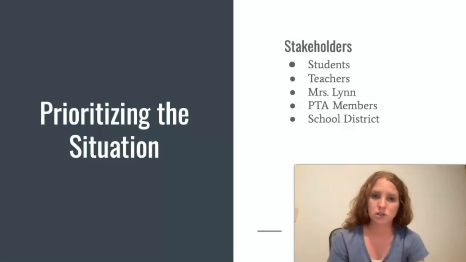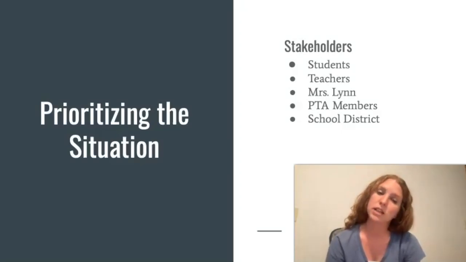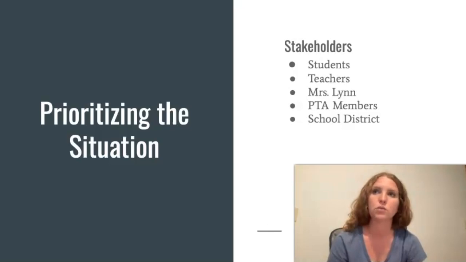When prioritizing the situation, when thinking about stakeholders, again, students should always be, everything is student-centered. It is important. We also want our teachers to feel supported and that they have the resources they need. And I definitely think that's a hard thing when you're talking about a rural school that has funding deficits. You need to think about Mrs. Lynn, because as much as this would be frustrating as an administrator to deal with her, it also is important to remember that she is not trained.